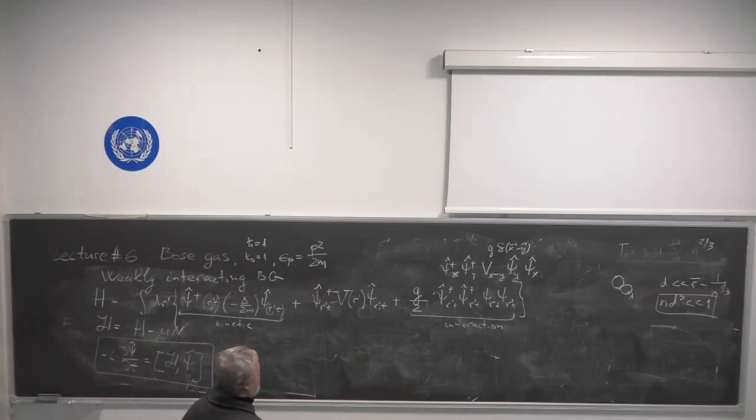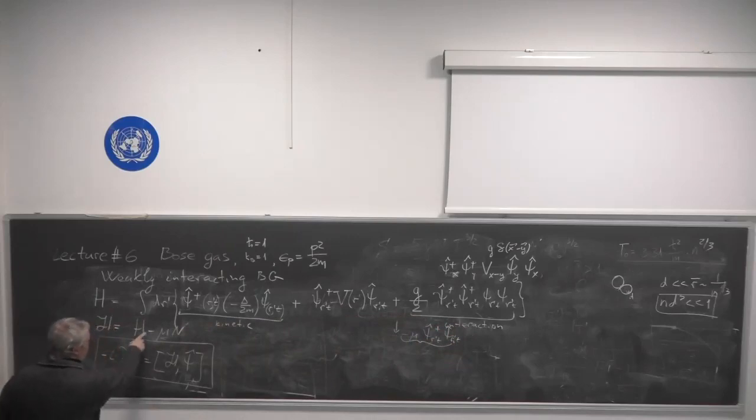Therefore, I proceed with a curly H, which needs the added term minus mu times psi operator dagger r prime t, psi operator r prime t. So this is what I add to my Hamiltonian H in order to transfer from H normal to H curly.